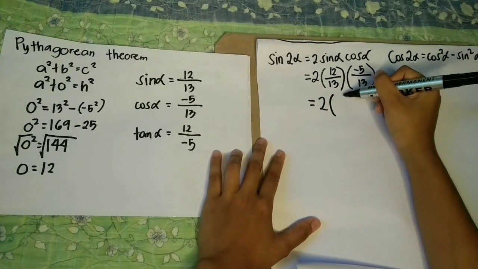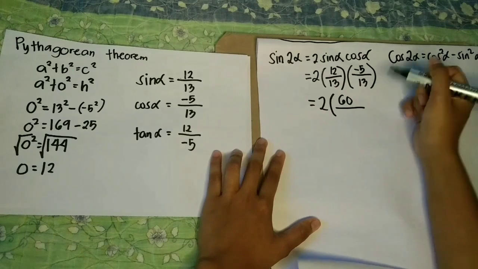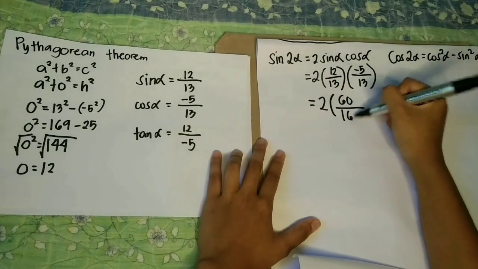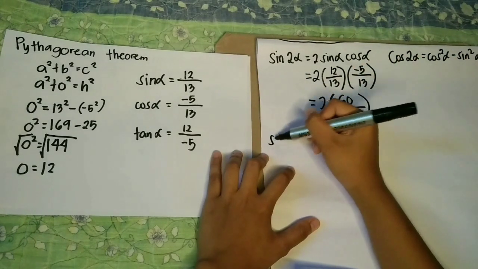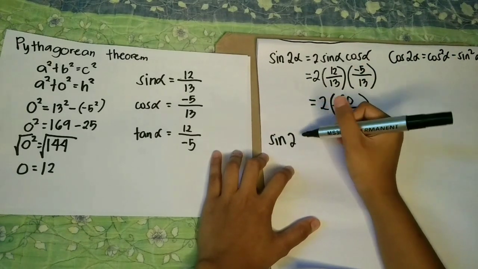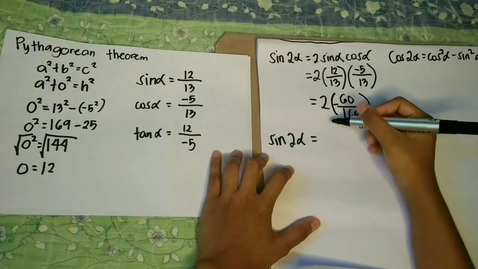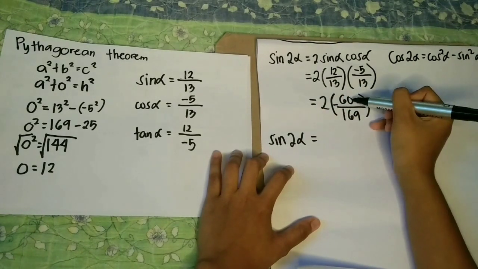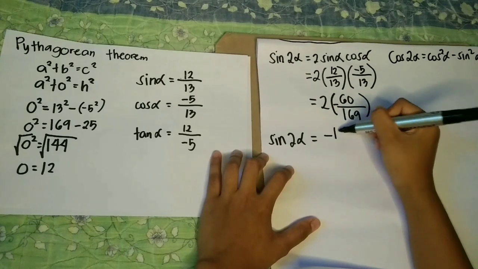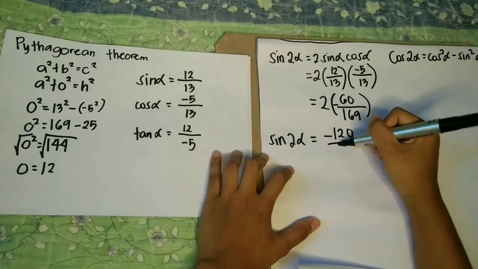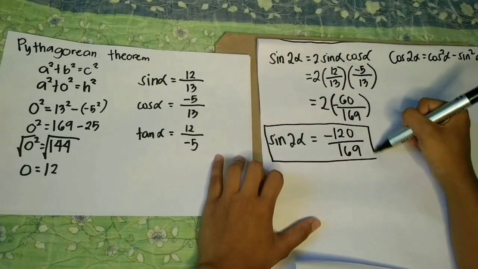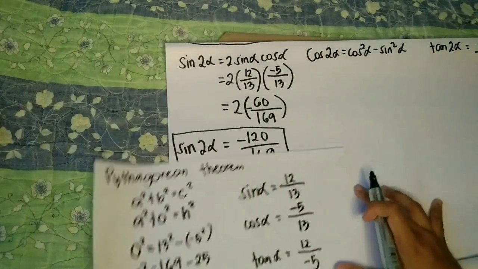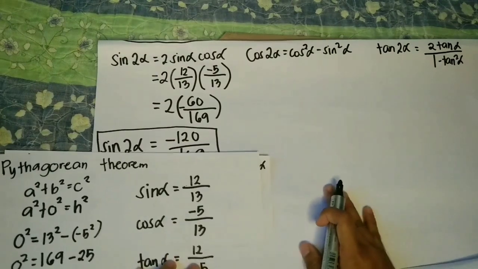Copy the 2, and 12 times negative 5 is equal to negative 60 over 13 times 13, which is 169. So sine 2 alpha is equal to 2 times negative 60 over 169, which is equal to negative 120 over 169. So this is the sine 2 alpha of the double angle.